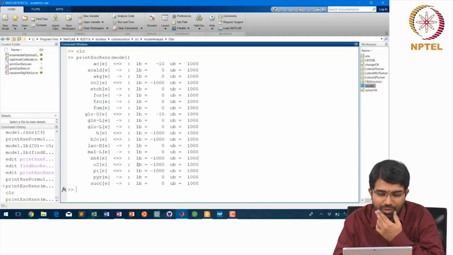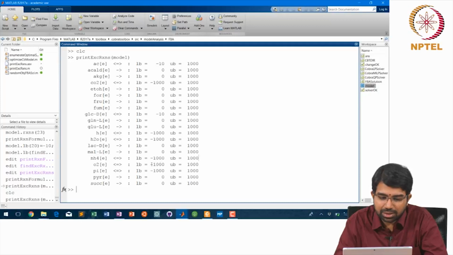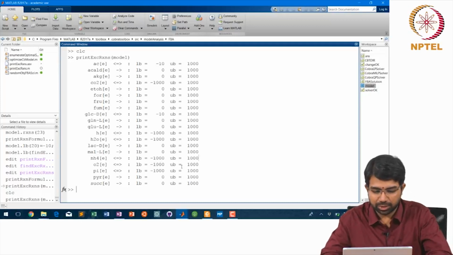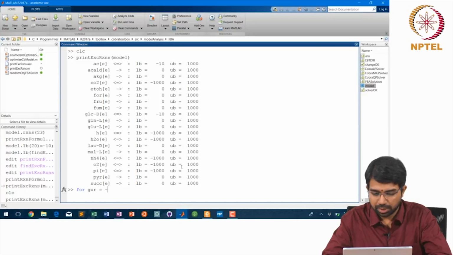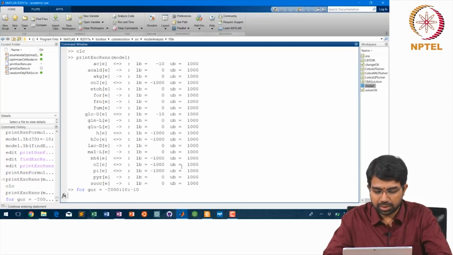And in fact, here you will find that. Let us actually do that for glucose uptake rates, from minus 2000 colon 10 colon minus 10.